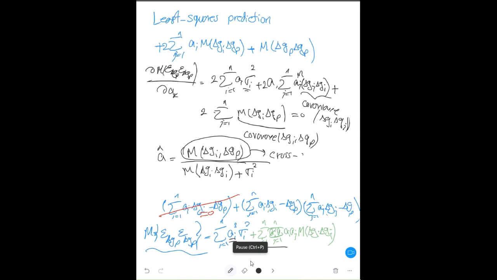This first term, the covariance between delta G_i and delta G_P, is called cross covariance, and the covariance between delta G_i and delta G_j is called autocovariance.